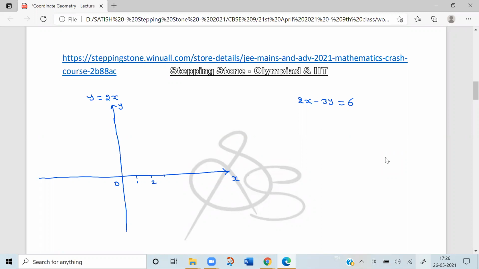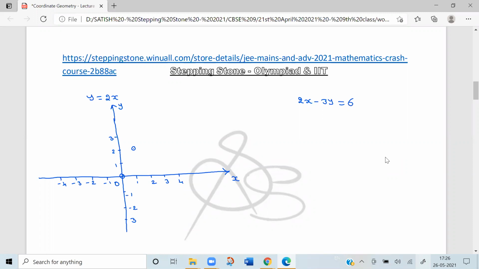1, 2, 3, 4, 1, 2, 3, minus 1, minus 2, minus 3, minus 4. Now, when x equal to 0, what is the y value? Zero, that is the point. When x equal to 1, y value is how much? 2.